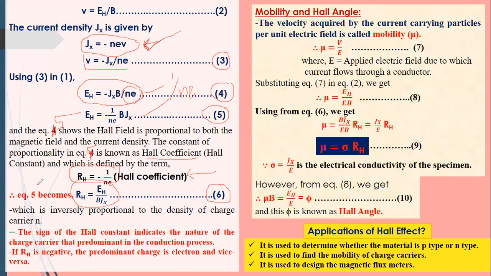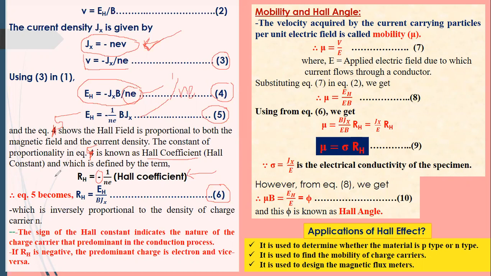If there is a negative symbol, that is, if RH is negative, the predominant charge is electron and vice versa. And if RH is positive, the predominant charge is positron, or hole, and vice versa.